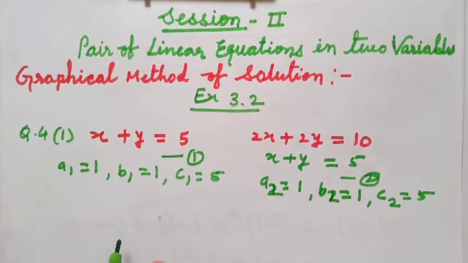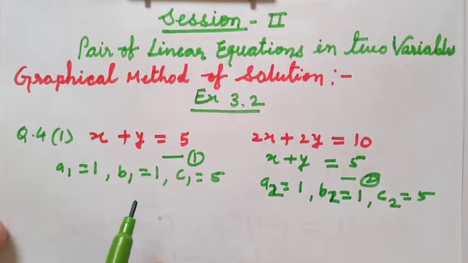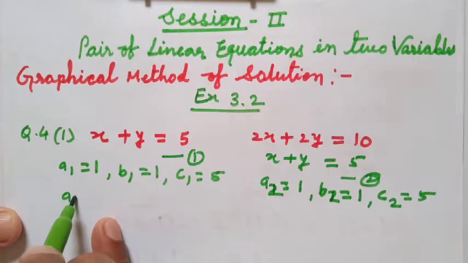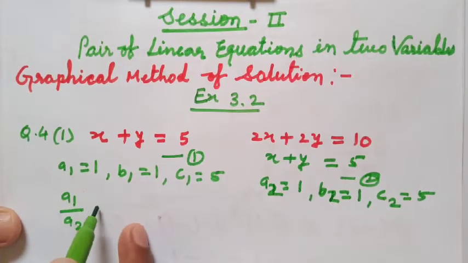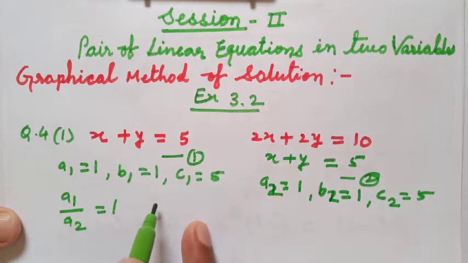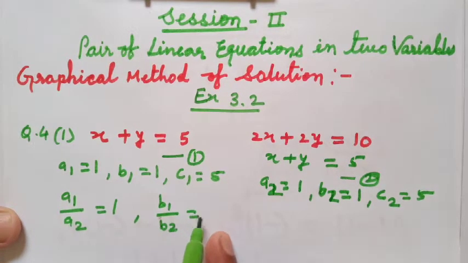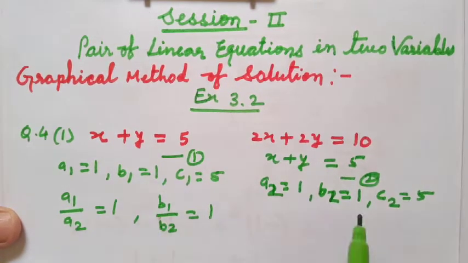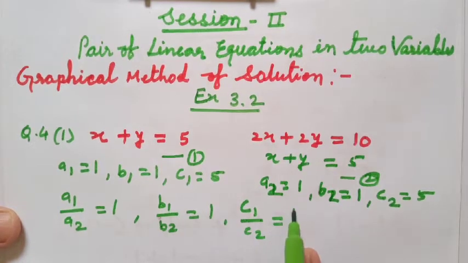Then you should find the ratios of the coefficients. a1 upon a2 is equal to 1 upon 1, which is 1. b1 upon b2 is equal to 1 upon 1, which is 1. And c1 upon c2 is equal to 1.